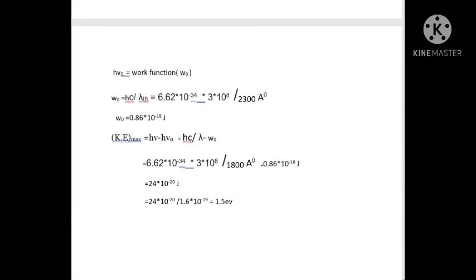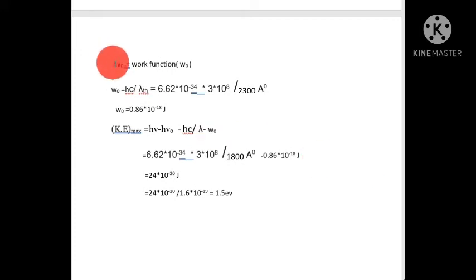Here is the solution written here. First, h mu naught, which is the work function. This work function is equal to h mu naught, and previously we know that this mu naught is c by the threshold wavelength, which is given as 2300 angstrom.